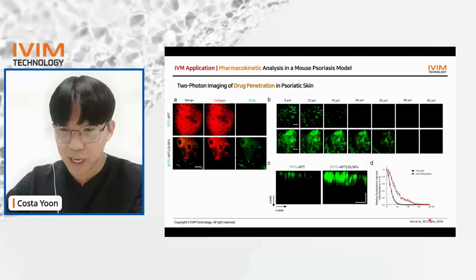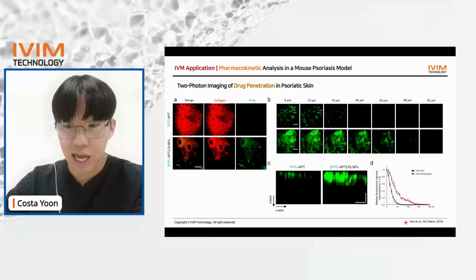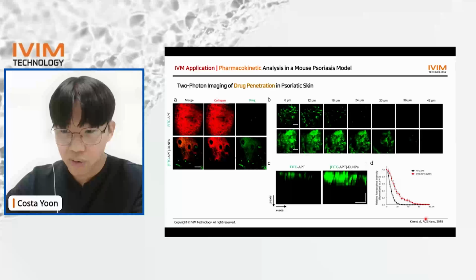Quantitative analysis based on the fluorescence intensity showed that the free drug signal was no longer detectable beyond the depth of approximately 20 micrometers. In contrast, the DNP formulated drug remained detectable in deeper tissue layers.